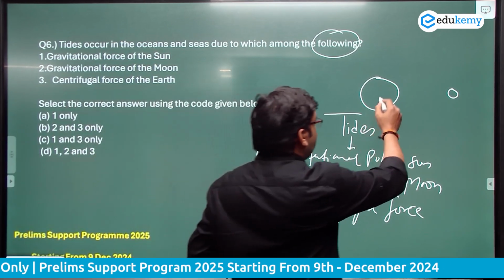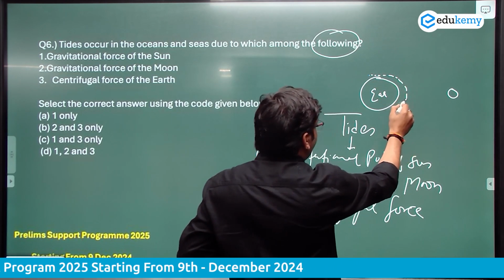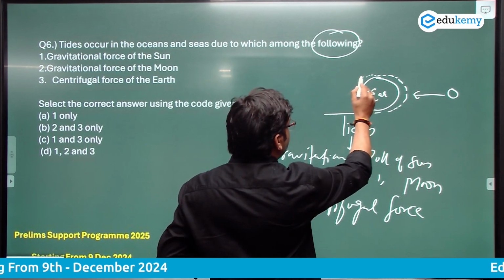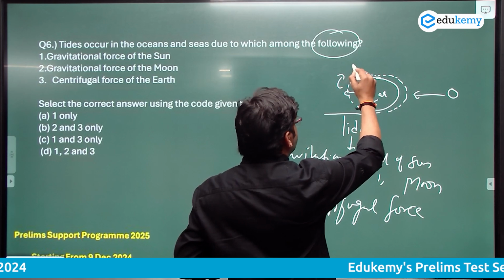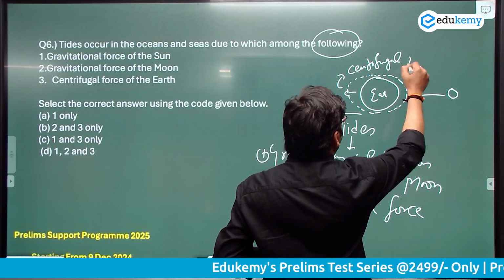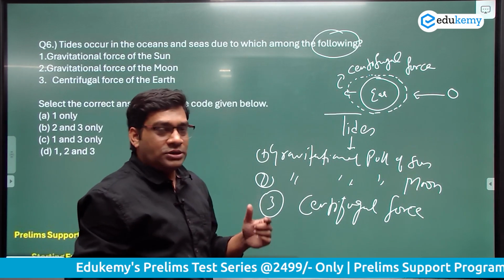So here what happened? On the earth, one bulge forms because of the gravitational pull of the moon, and just opposite, one more bulge is formed. This is because of the centrifugal force. So at the same time two bulges are formed, two high tides are formed on the surface of the earth.